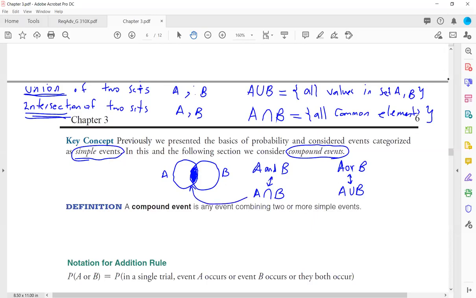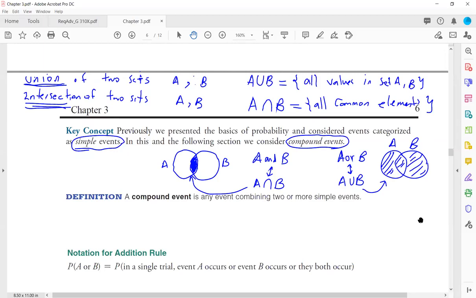When you're talking about union, you have to include everything in A and in B. That's the union. Very well. In general, we say that a compound event is any event combining two or more simple events.